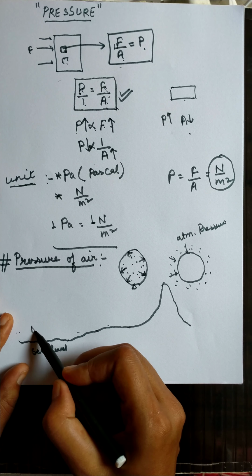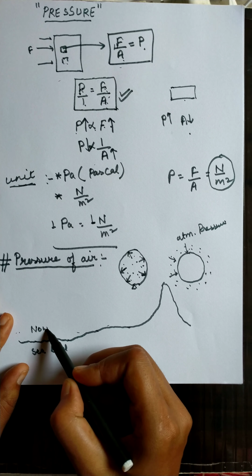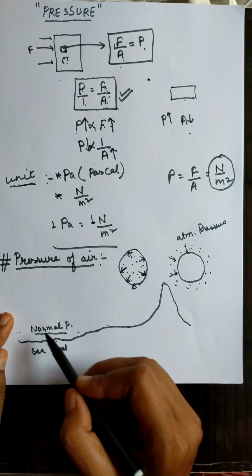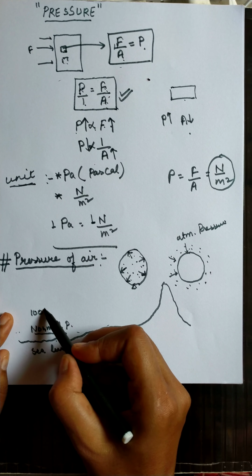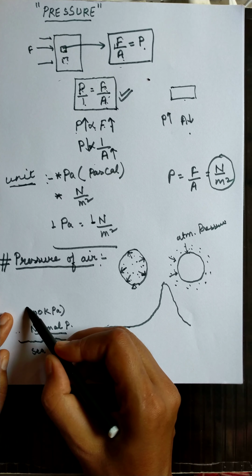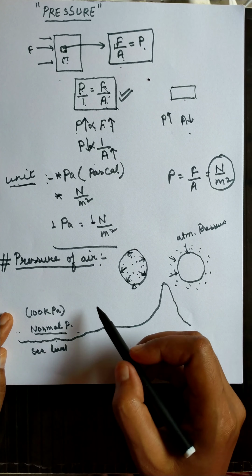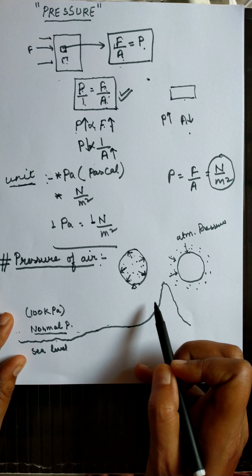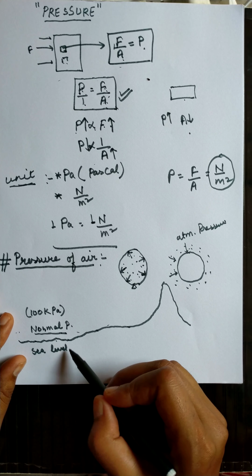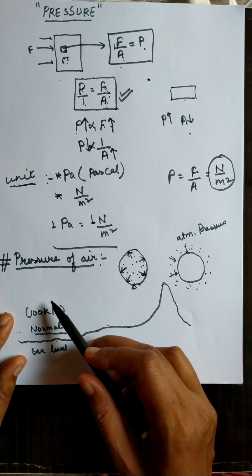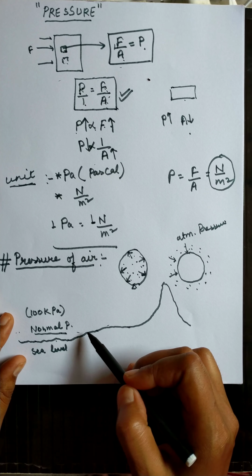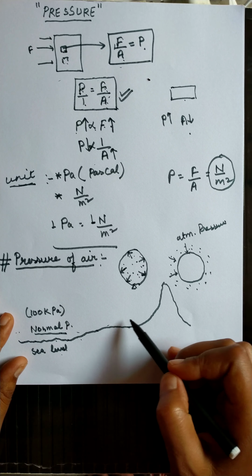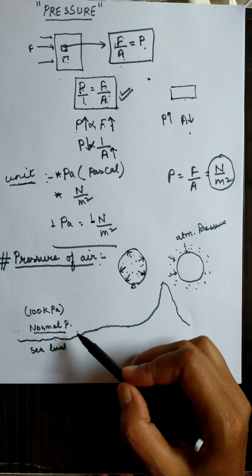At sea level, the atmospheric pressure is considered the normal atmospheric pressure or standard pressure, and this is equal to 100 kilopascals. So we are relating pressure at any place with the sea level. We have measured the pressure at sea level, and now we are comparing the pressure at different places with the sea level.